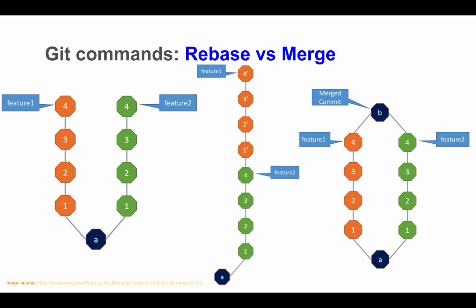Now you are not able to merge into the master because you have a conflict. So first you have to resolve the conflict, and at that time you have to do the rebase. You can do the merge also, but rebase is the cleaner way: rebase from the master, then resolve the conflict, and then merge into master.